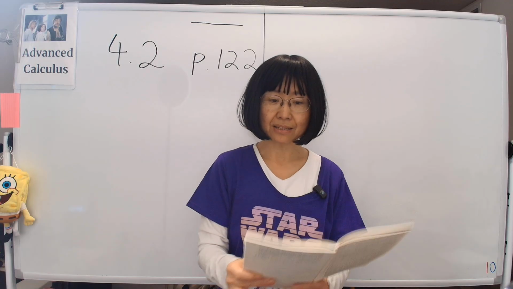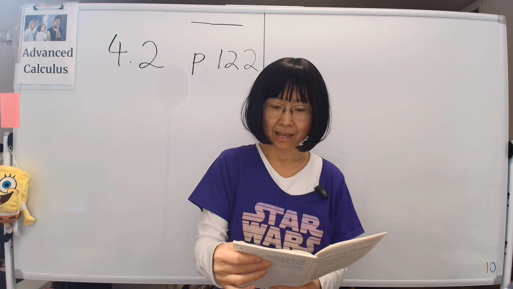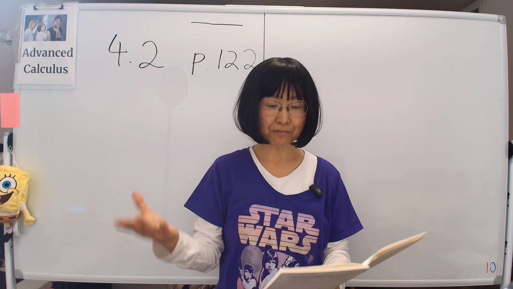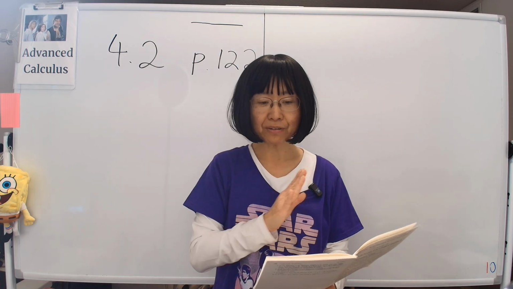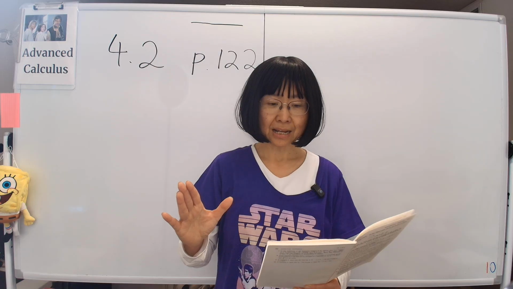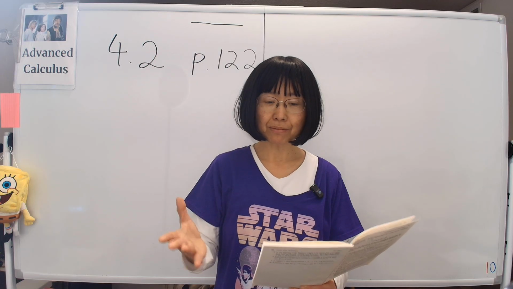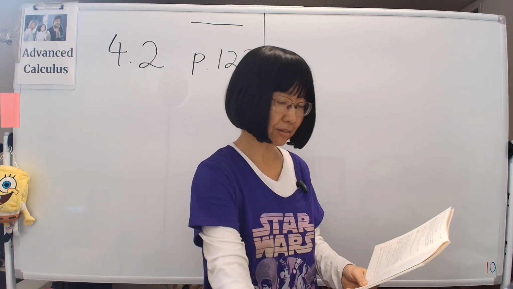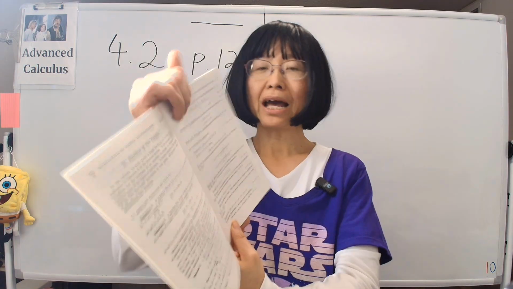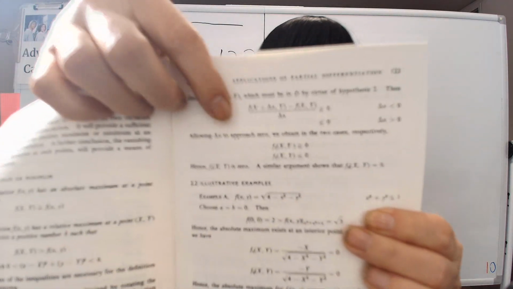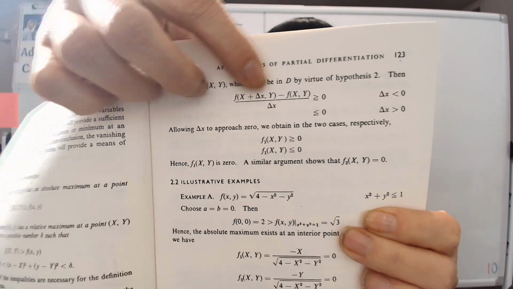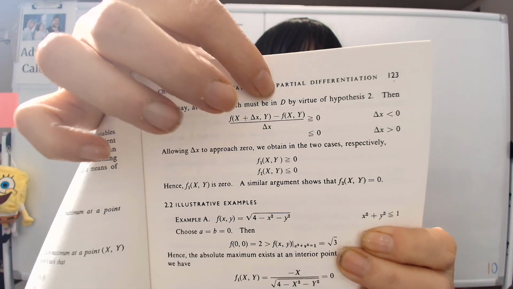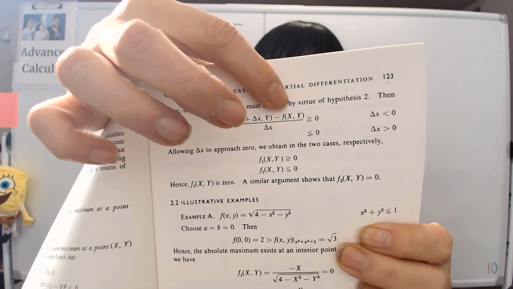So because of that, let's read the next sentence. Here, f(x plus delta x, y) minus f(x,y), if you move out of it in one direction, will be bigger than or equal to 0 if delta x is less than 0. What happens here is that any value subtracted by f(x,y) makes the numerator less than or equal to 0, because f(x,y) is the maximum.